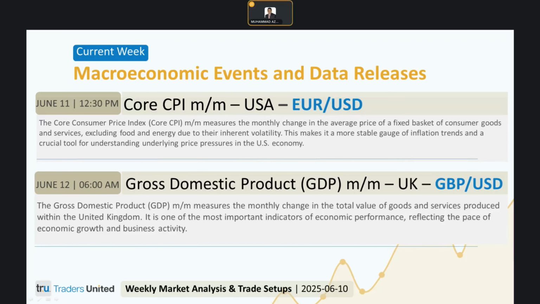So if the actual figure is better than expected and shows any positive growth, then the GBP could see immediate support.